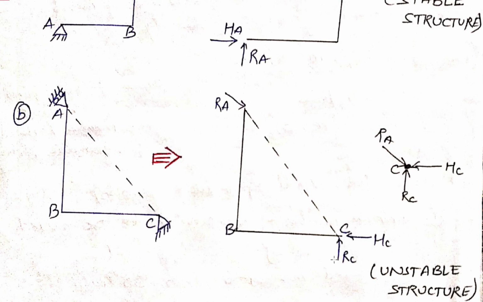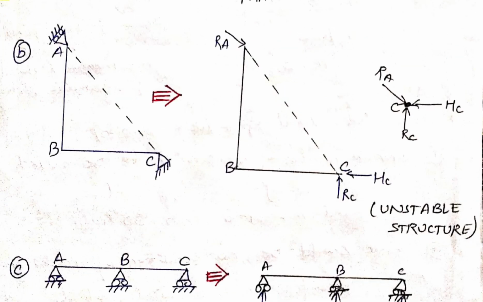So overall this structure is unstable, since all the reactions at C are concurrent. Okay, so these all reactions are concurrent at C, so that's why it is an unstable structure, as we discussed in our conditions of 2D stability of structures. So that's why this is an unstable structure, as all our reactions are concurrent at C.